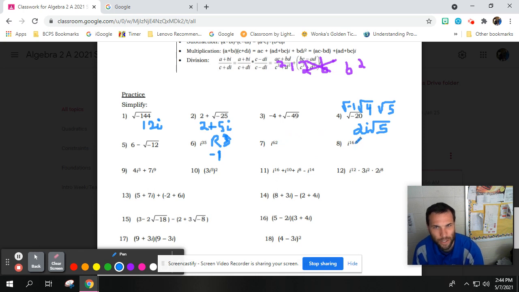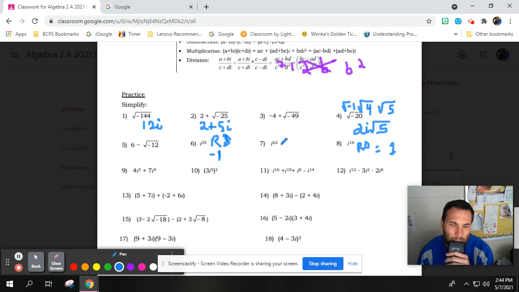i to the 16 is a remainder of 0, so that's 1. And i to the 62 divided by 4, oh god, 64 goes in, so it's a remainder of 2. So it's i squared, so that's negative 1. i to the third is not negative 1.